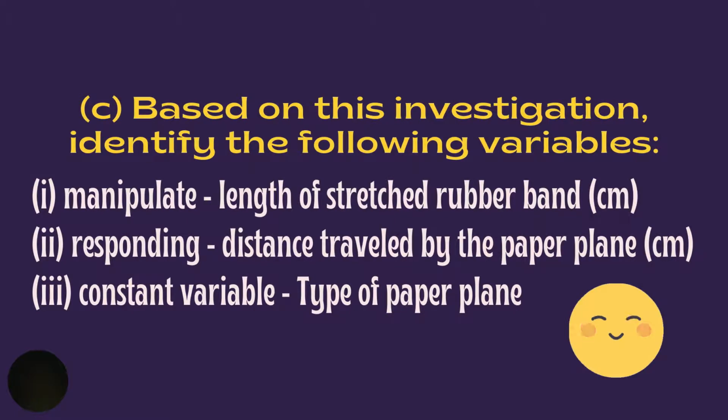C. Based on this investigation, identify the following variables. Number 1, manipulated variable: length of the stretched rubber band. Number 2, responding variable: distance traveled by the paper plane. And number 3, constant variable: type of paper plane.